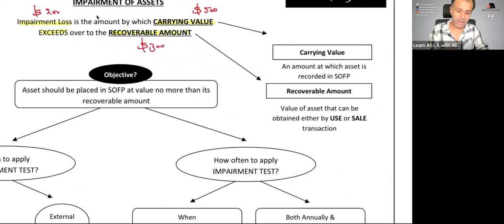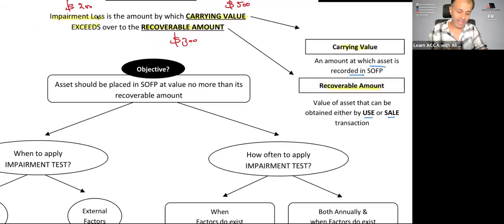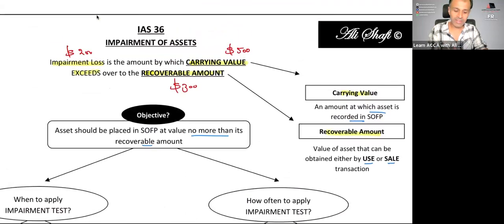Carrying amount is the amount at which the asset is carried and recorded in the books, while recoverable amount is the amount that can be obtained either by using an asset or by selling an asset. I can expand on this discussion in a while. The objective is that an asset should not be placed in the statement of financial position at a value more than its recoverable amount. To meet that, we bring that 500 down to 300. That effect is called impairment loss.